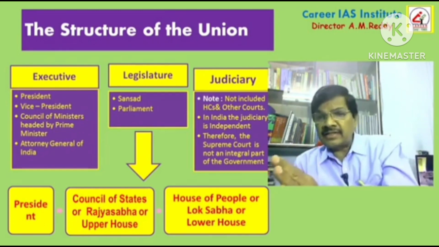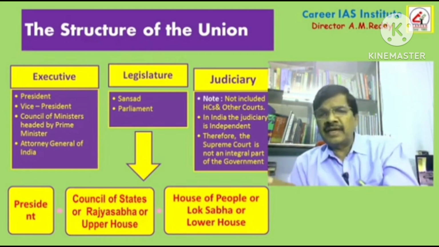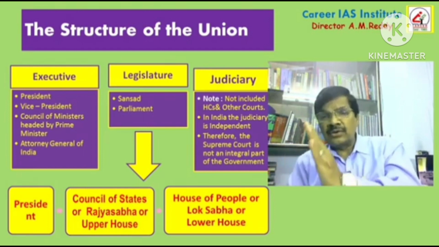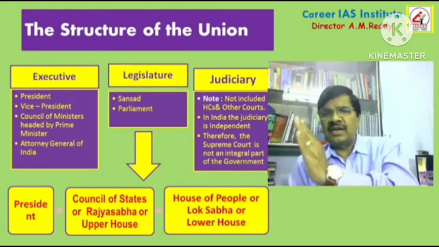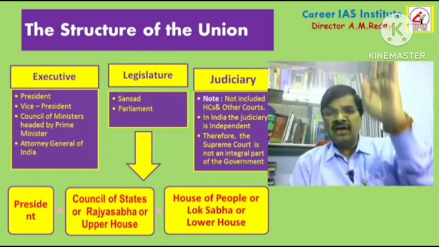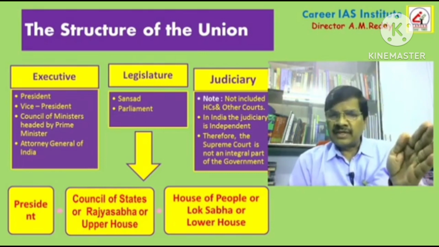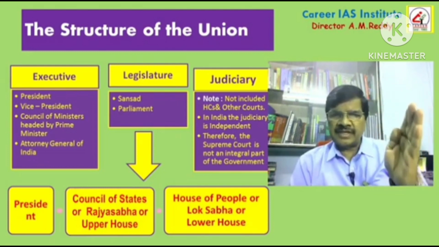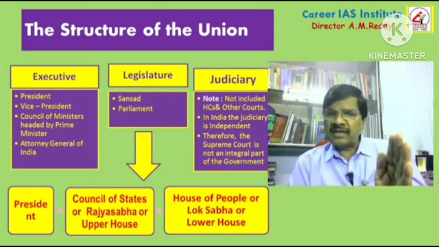But Controller and Auditor General of India is not a part of the government, and therefore Article 148 to 151 deal with the provisions relating to the Controller and Auditor General of India, who is an independent constitutional body. But Attorney General is not independent, he is a part of the government. So, Executive comprises the President, Vice President, Council of Ministers headed by the Prime Minister, and Attorney General of India.